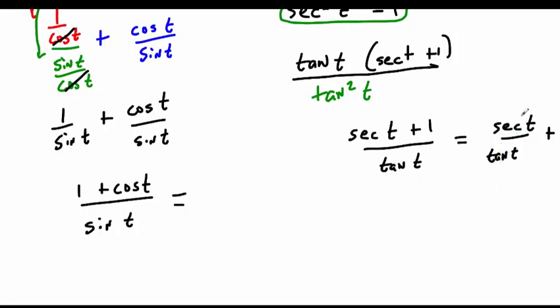Secant of t would be 1 over cosine of t, and tangent is sine of t over cosine of t. And that little trick, right? Alternates can cancel, so cosine cancels cosine. 1 over tangent is equivalent to cotangent of t, which would be plus cosine over sine.